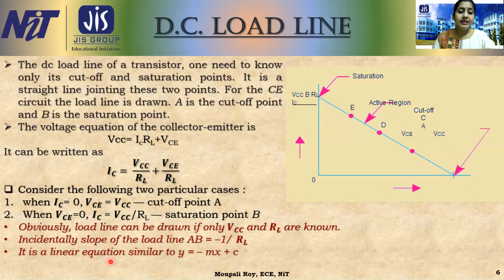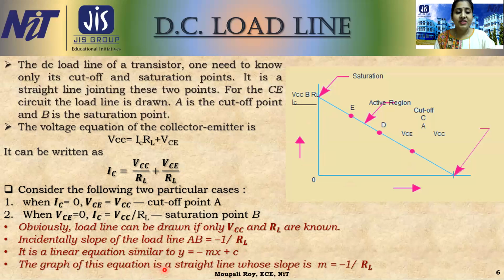It is a linear equation similar to Y equals MX plus C. So this is a straight line equation, and the graph of this equation is a straight line whose slope M equals minus 1 by RL. So that is our DC load line for our transistor if we want to draw it. So this is our load line.